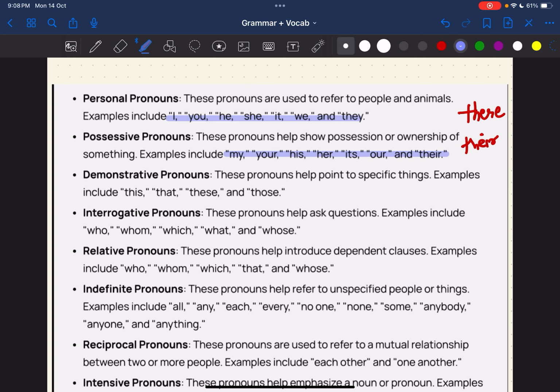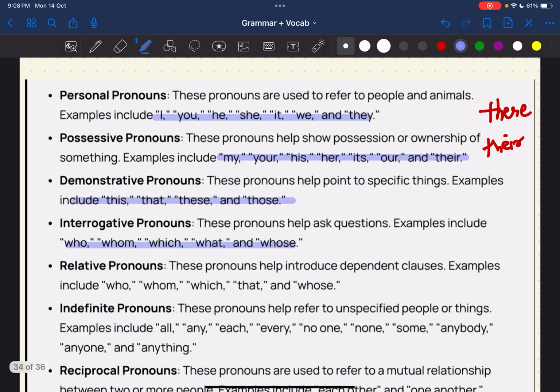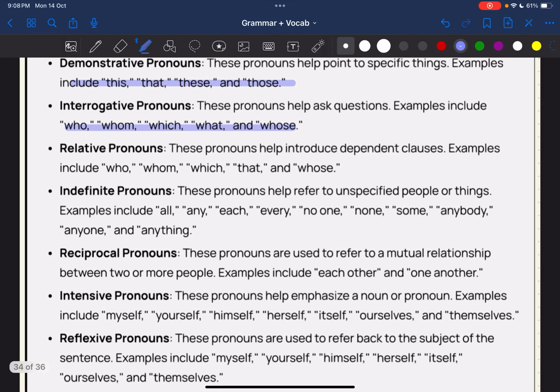Third one, demonstrative, will be pinpointing things. This, that, these, those. Interrogative will be asking questions. Who, whom, etc. Relative, जो हमें explain करेगा हमारे dependent clause को further. The boy who won the game is my brother. Who, explain कर रही हूँ मैं. Indefinite में nothing specific, it's all unspecified. ठीक है?